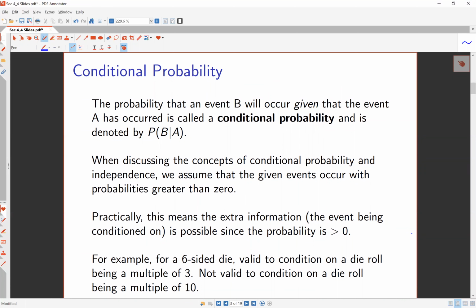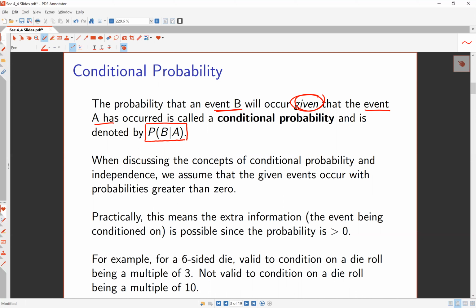If we are interested in the probability of event B, and we are given a piece of information that says event A has already occurred, then the way we denote that conditional probability, we still use a big P for probability.